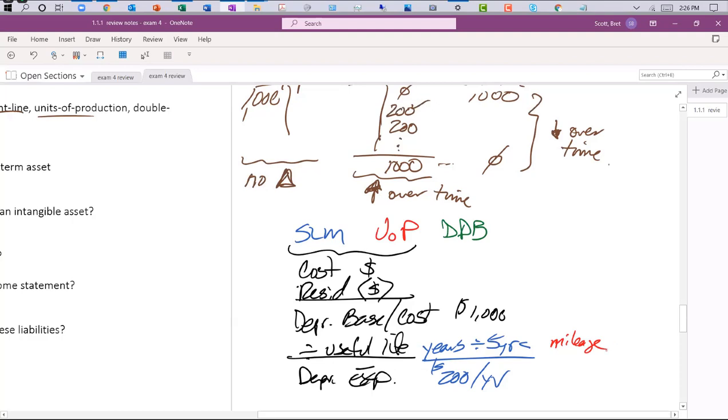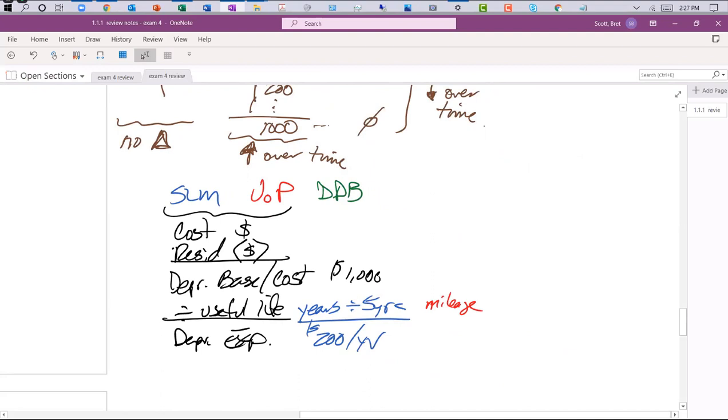In this case, if we say 10,000 would be the divisor, this is going to depreciate essentially 10 cents per mile. So the calculation isn't too bad. People don't really have too much of a problem with units of production, but make sure that you're able to scratch that out on your scratch paper. And just know that depreciable cost is the same thing as depreciable base.